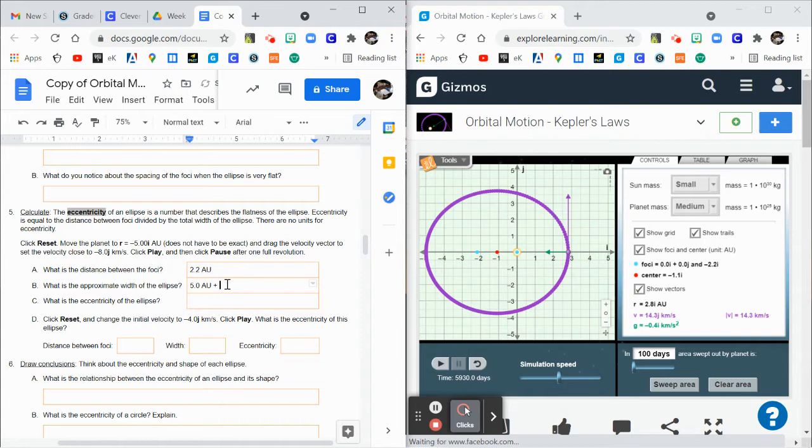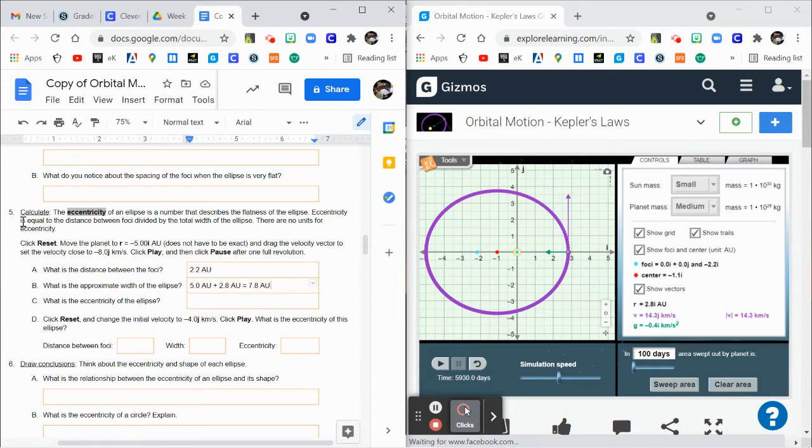And now I know that from the 0 to the other side of the ellipse is 2.8. So plus 2.8 astronomical units. And so the width of the ellipse is 7.8 astronomical units.